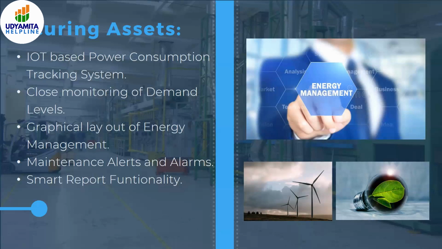Sometimes we are unable to monitor the demand levels of the industry. Maybe the government has allocated us 20 kilowatts, and we are using 24 kilowatts, and we don't know whether it is happening or not. If there is a surge, sometimes we won't get any alerts or alarms based on our utilities, that may be compressor, chiller, boiler, and other things.